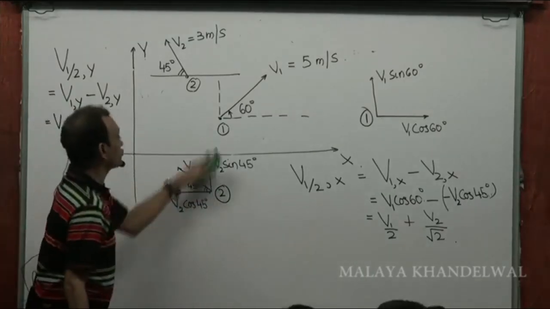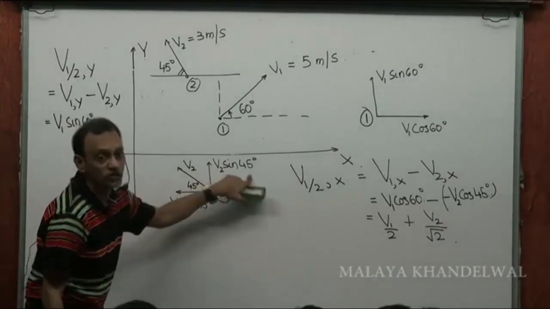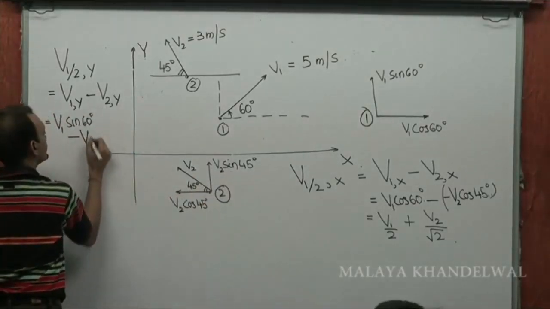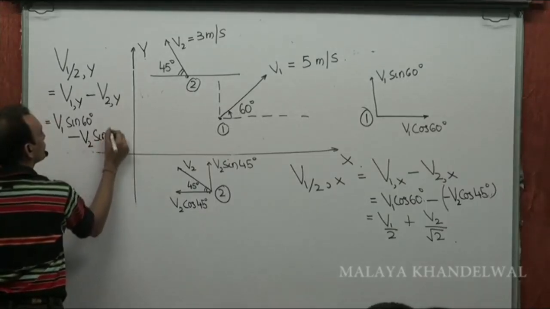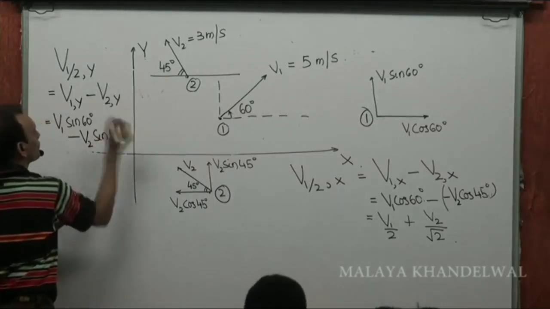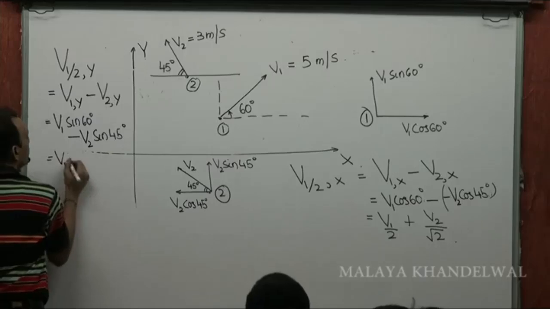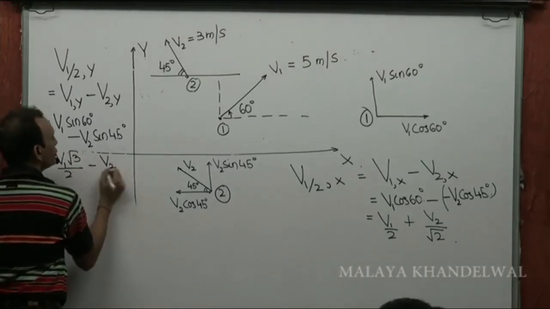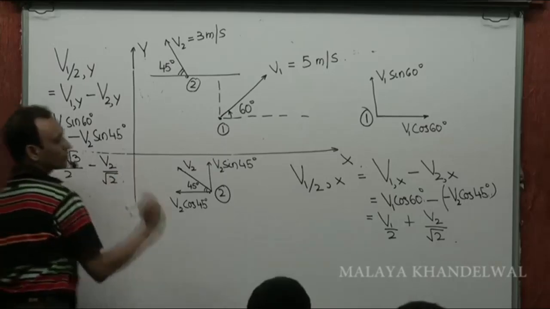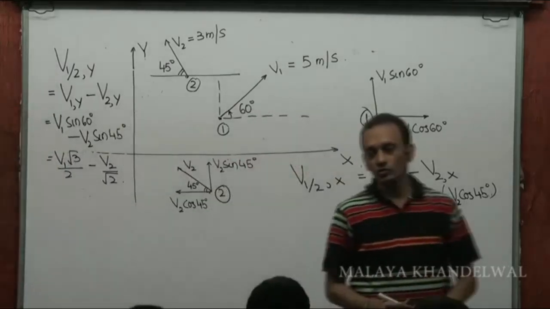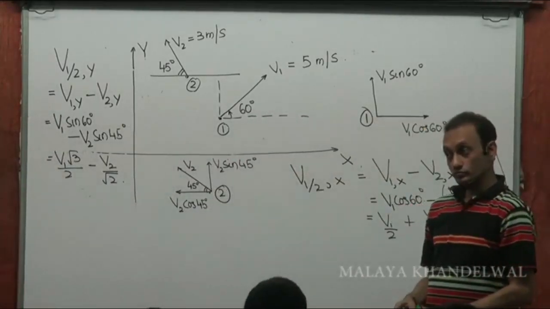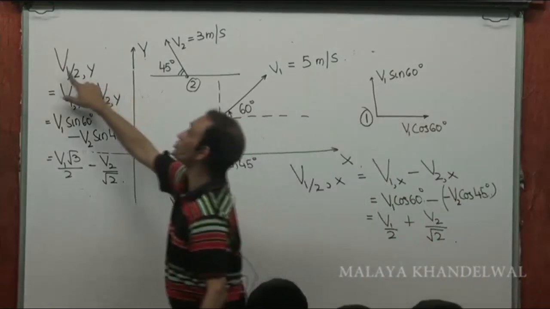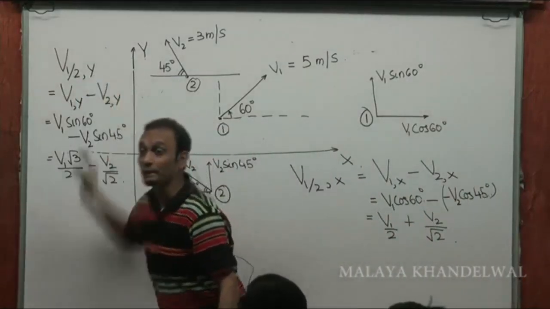What's velocity of 2 along the y-axis? V2 sin 45 degrees. Which is V1 root 3 by 2 minus V2 by root 2. Yes or no? This is the velocity of 1 with respect to 2 along the x-axis. This is the velocity of 1 with respect to 2 along the y-axis.